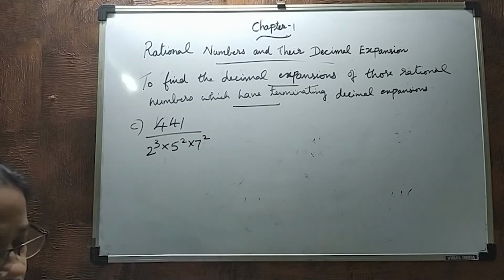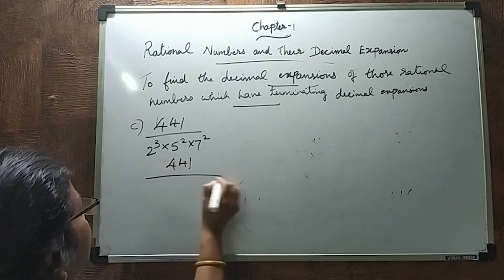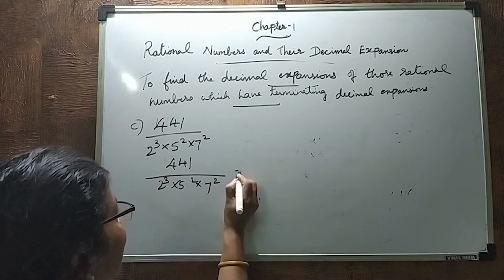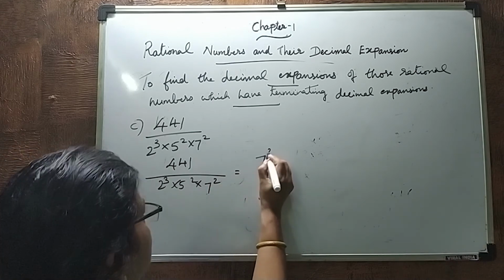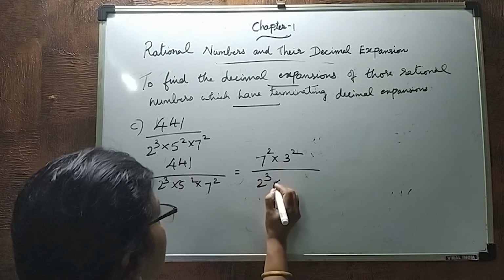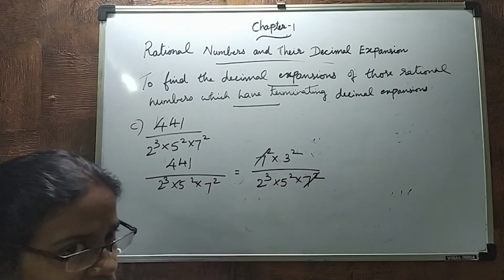So this question also we did. We make it out like this. 441 divided by 2 raised to 3 into 5 square into 7 square can be written as 7 square into 3 square divided by 2 raised to 3 into 5 square into 7 square. And 7 square and 7 square we cancel.